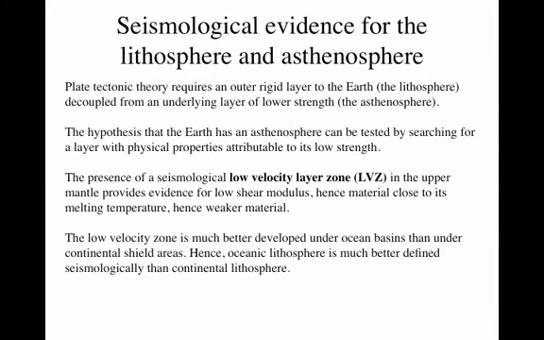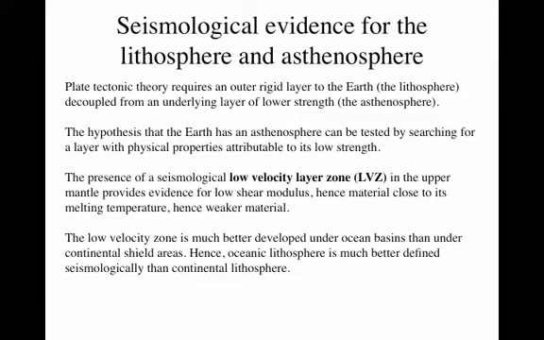There's seismological evidence for the lithosphere and the asthenosphere. Plate tectonics requires an outer rigid layer of the Earth, the lithosphere, to decouple from an underlying layer of lower strength, that's the asthenosphere. And the hypothesis that the Earth has an asthenosphere can be tested by searching for a layer with the physical properties that are attributable to its low strength.